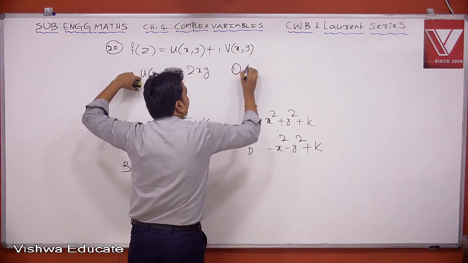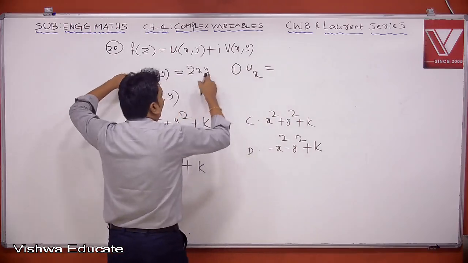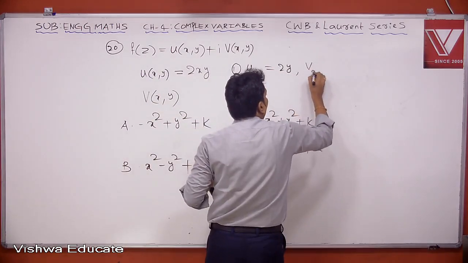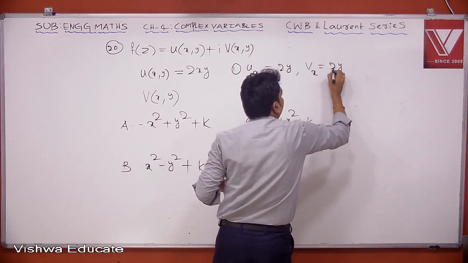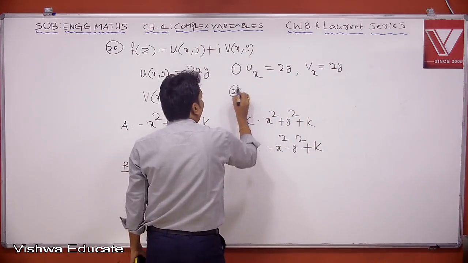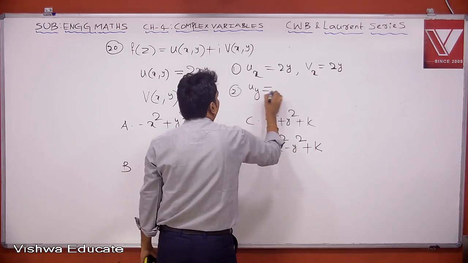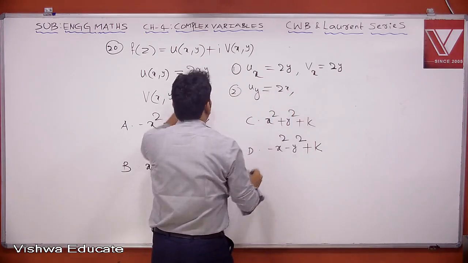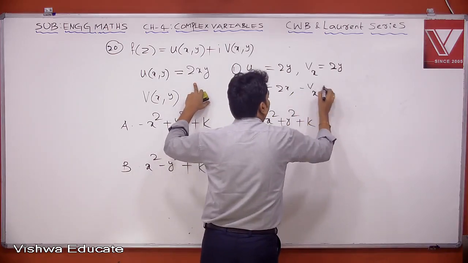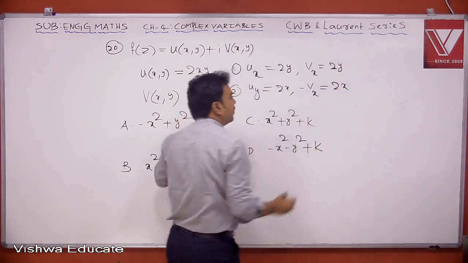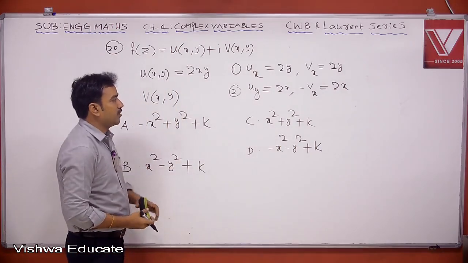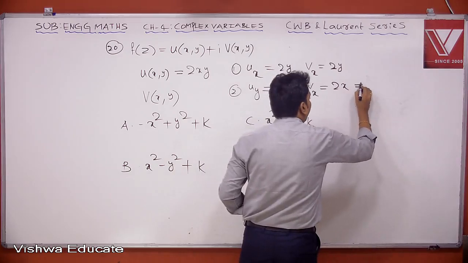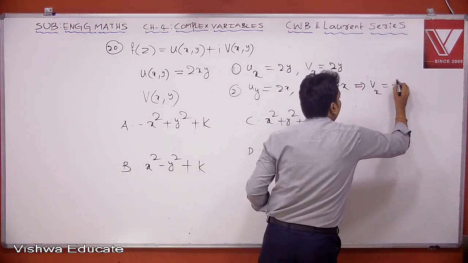So what is ux? ux equal to 2y. So therefore vy must also be equal to 2y. This is very clear. What is the second CR equation? uy equal to minus vx. But what is uy? uy is 2x. So therefore minus vx must be equal to 2x. This means that vx equal to minus 2x.